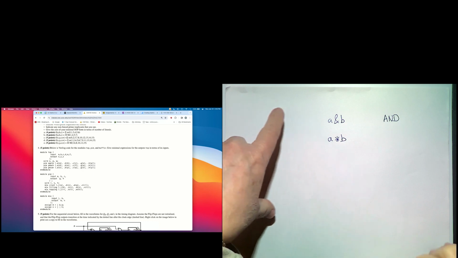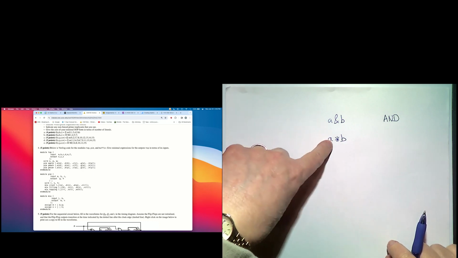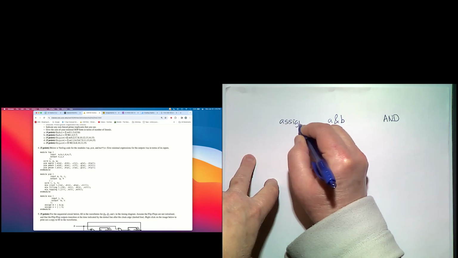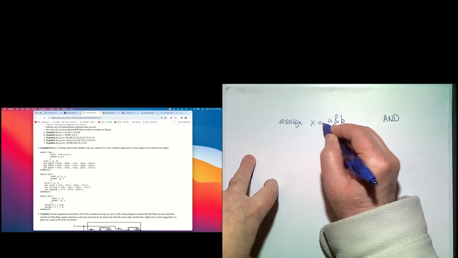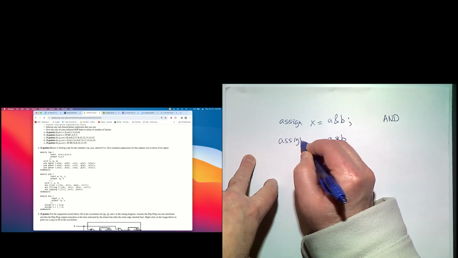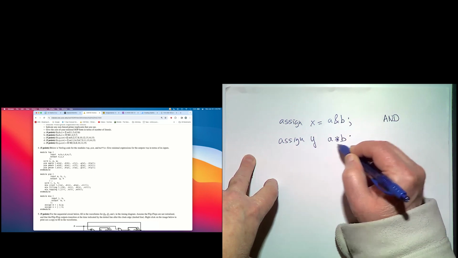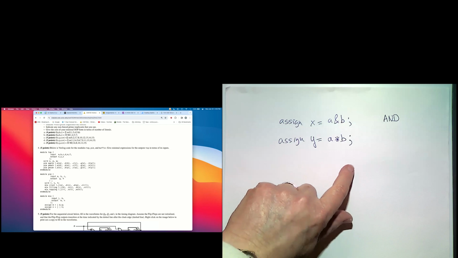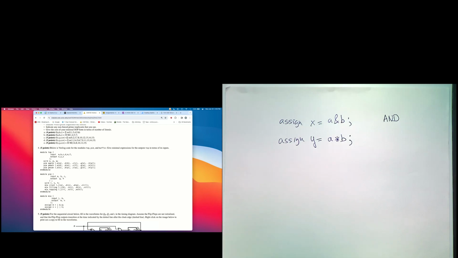Yes? When you say expressions, do you mean Boolean algebra or do you mean Verilog? In Verilog. So in Verilog, if I assign x equal to this and assign y equal to that, it'll look different on a schematic.